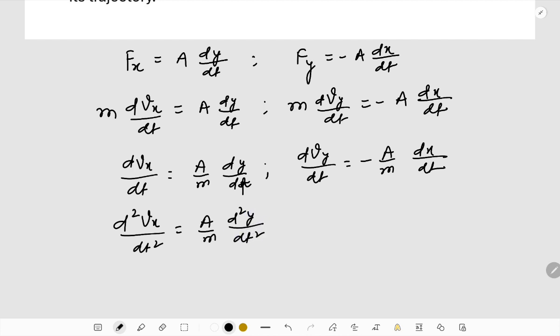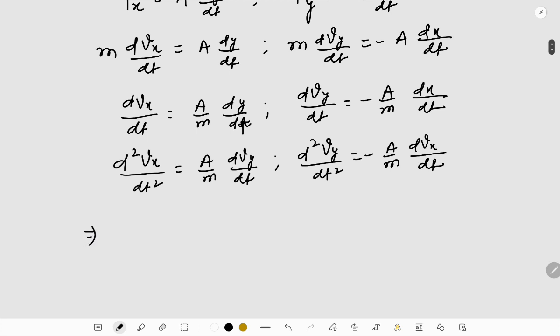That is the y component of acceleration, or you can write it as dvy by dt, as dy by dt is vy. And the other equation becomes d2vy by dt square equal to minus a by m, and this is vx, so we can write it here as dvx by dt.